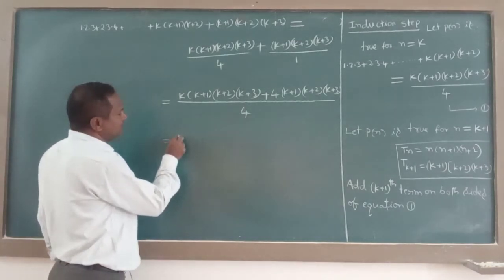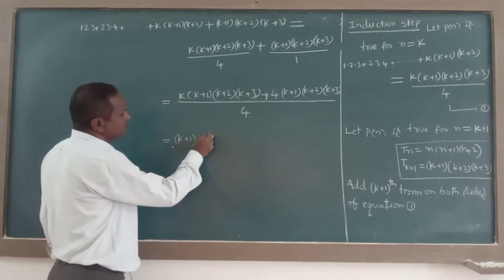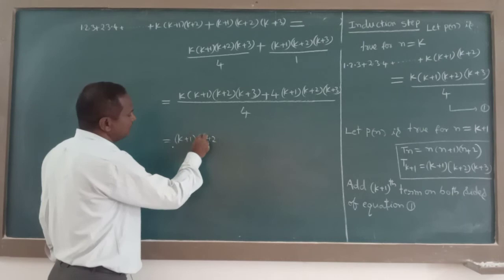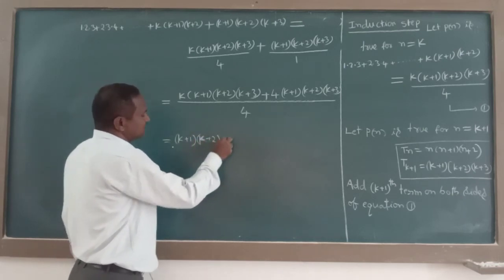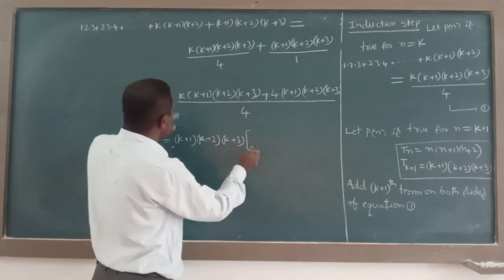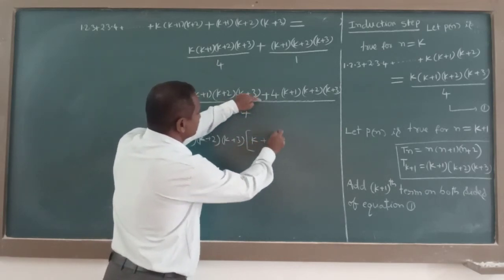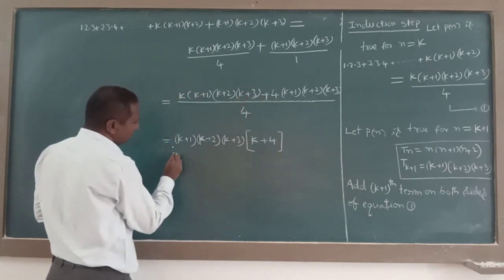If we take it outside, the term will be like this: k plus 1 into k plus 2 into k plus 3, taken outside, then we get the common term k, and the second term is 4 here, all divided by 4.